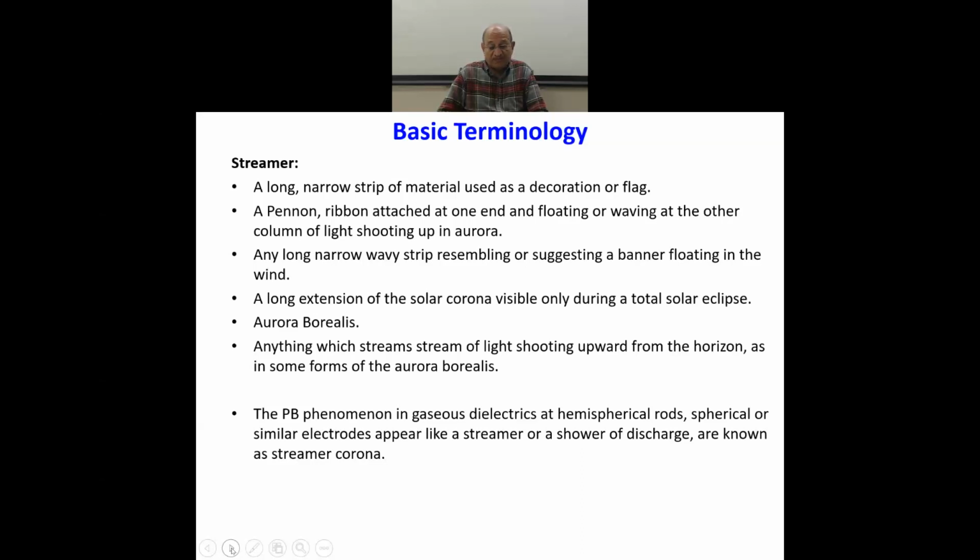You can also say it is like a shower of discharge from the electrode, like a water shower coming out of the hemispherical or spherical shape electrode, that one should actually see in the high voltage laboratory.